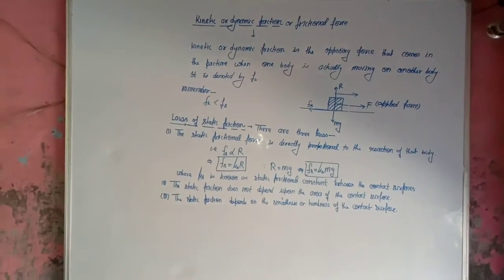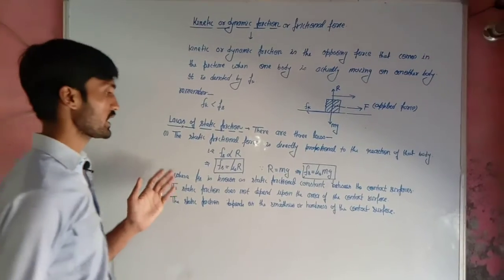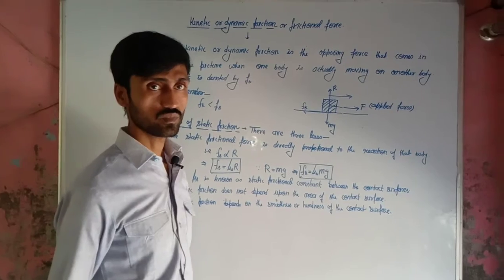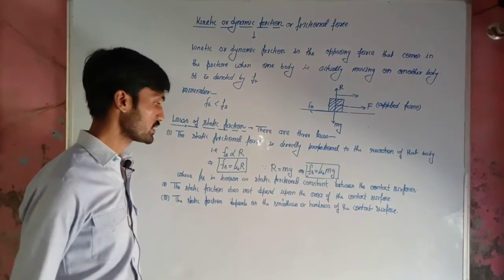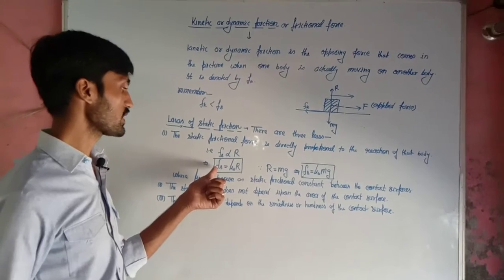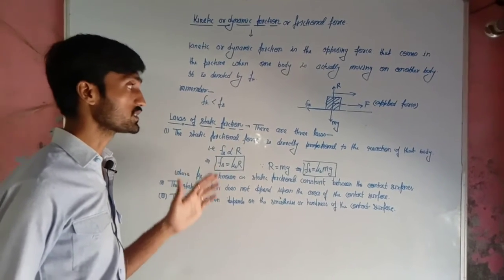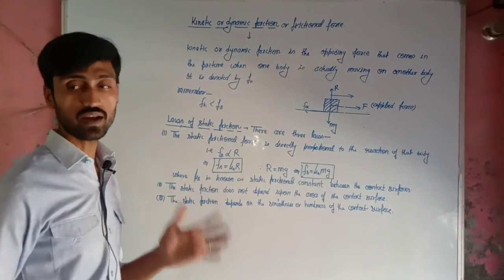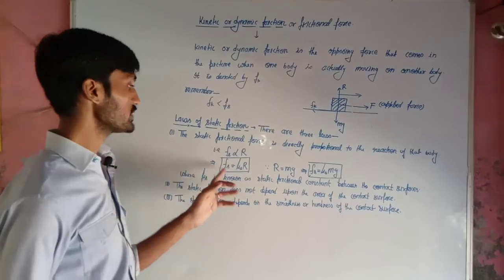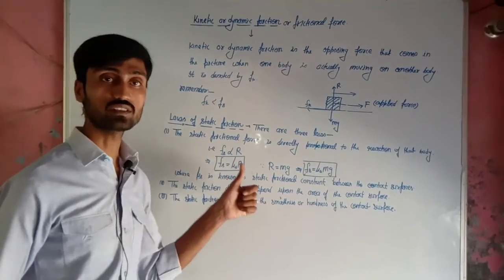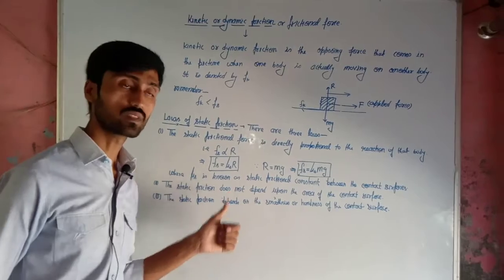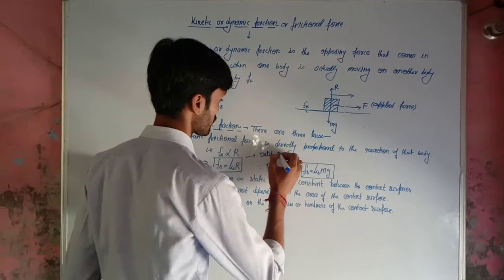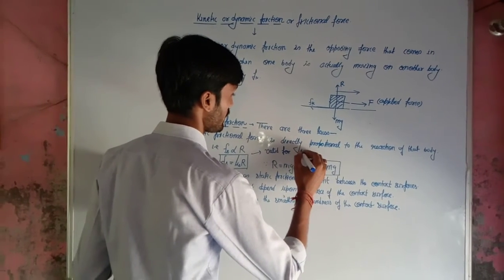Okay, but this formula we will apply in the case of the limiting static friction, because the static frictional force also depends on the applied external force. So if you vary the applied external force, then Fs will also vary, but R remains constant. So remember this point also, valid for limiting friction.